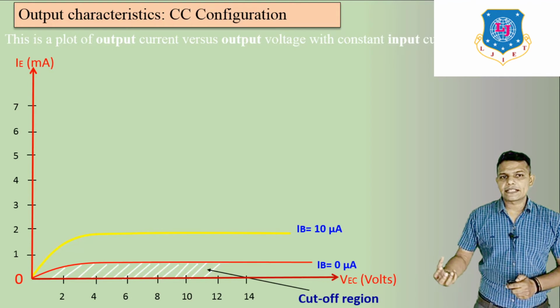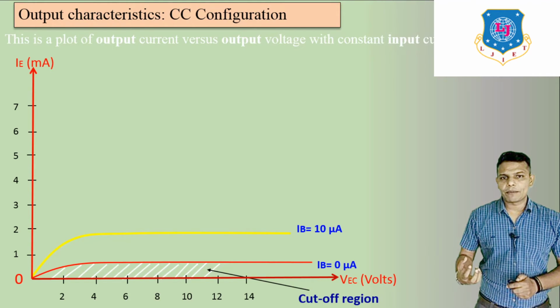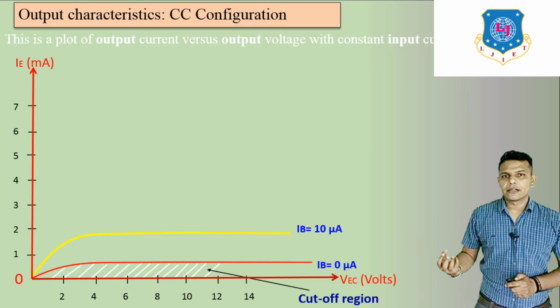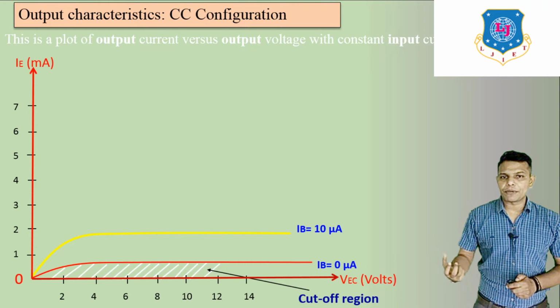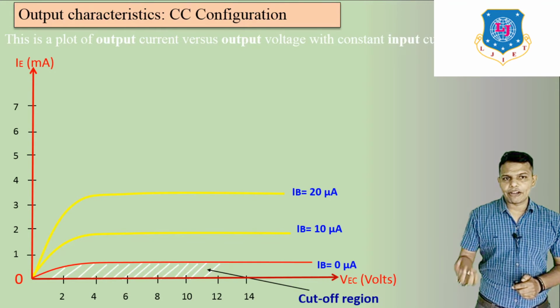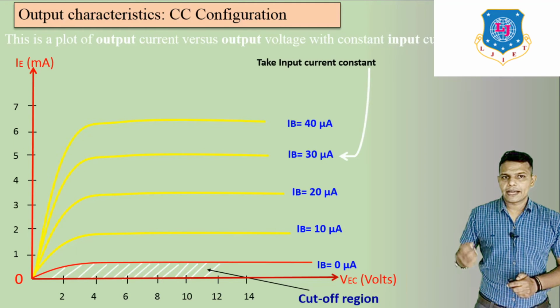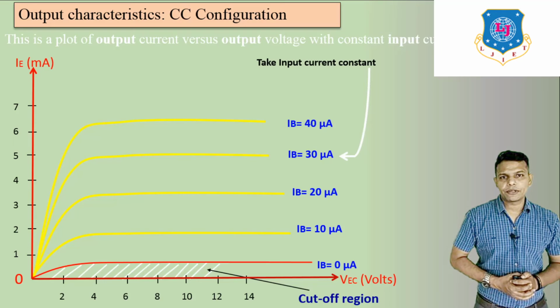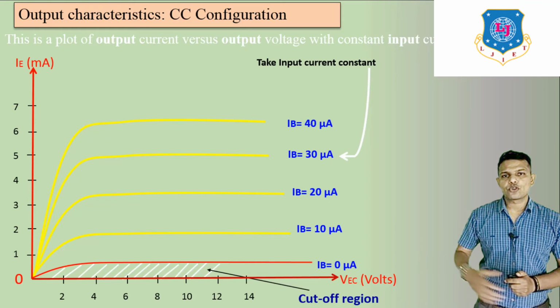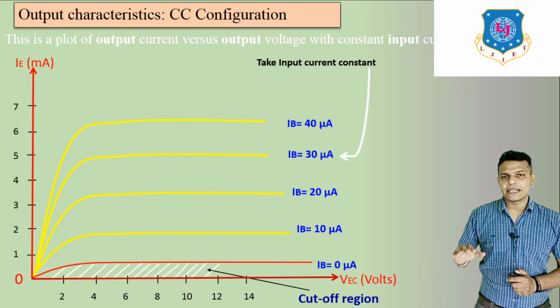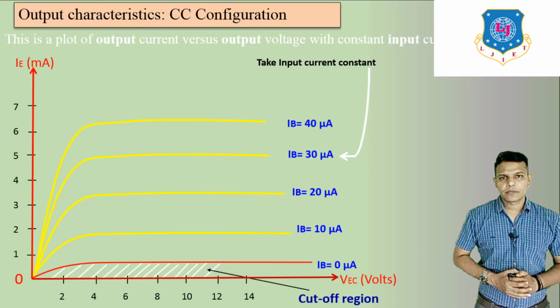Now if I increase IB's value to 10 microampere, at this time you will get a different IE in milliampere. IB equal to 20 microampere, IB equal to 30 microampere, and then IB equal to 40 microampere. You will get different values of IE, but in milliampere.